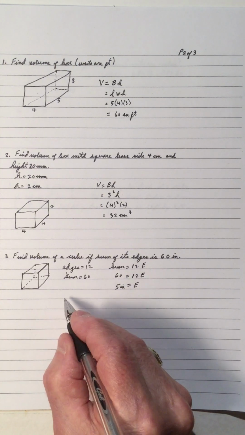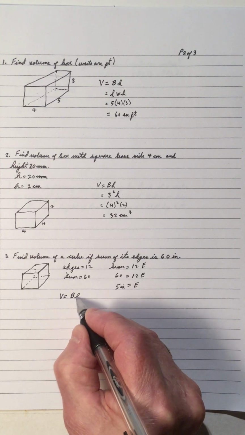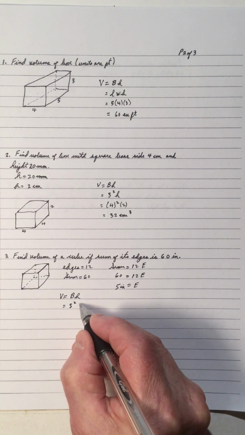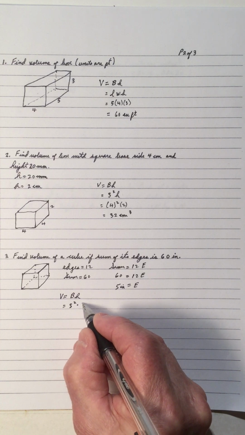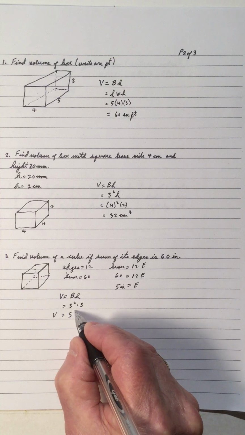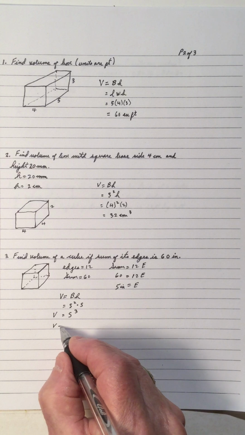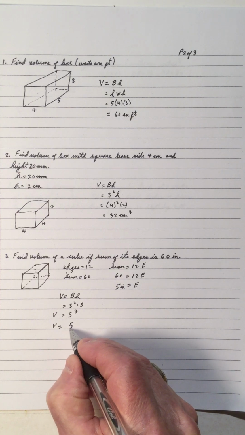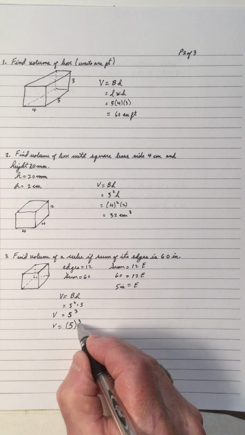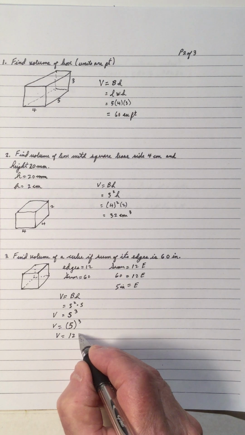We want to find the volume of a cube, and the volume of a cube is base area times height. The base of the cube is a square, and the height is the same, s. So the volume of a cube is s cubed. With s equal to 5, the volume is 5 cubed, which is 5 times 5 is 25 times 5 is 125.